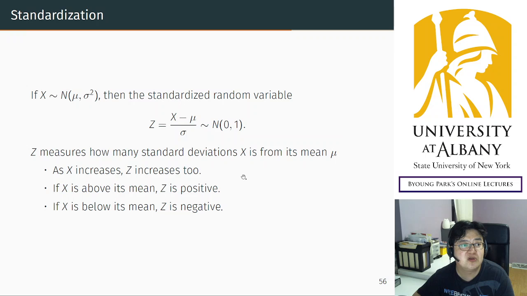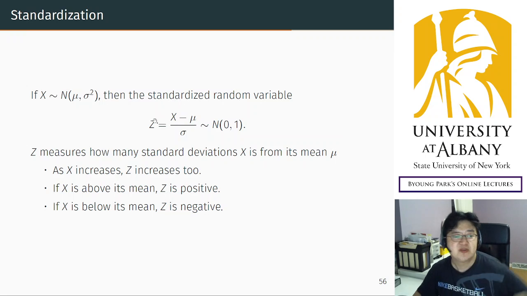And then we are going to use Z. Remember, Z is the notation for the standard normal distribution. We call this the z-score.